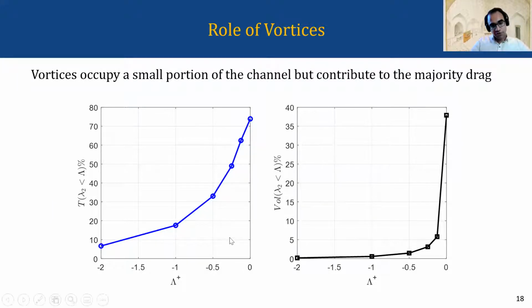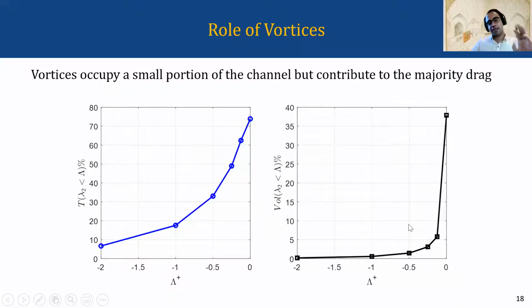This is a plot which shows the threshold for identifying a vortex on the x-axis, and the percent of T they contribute. So we were looking at -0.5. That contributes roughly 30%, maybe 34%. But if you weaken the threshold a little bit and look at -1/8, it contributes about 60% of the drag, and occupies only 6% of the domain.